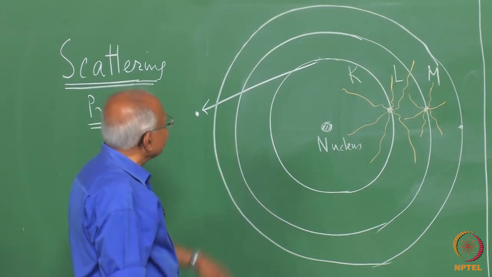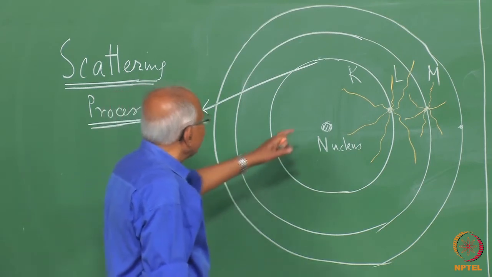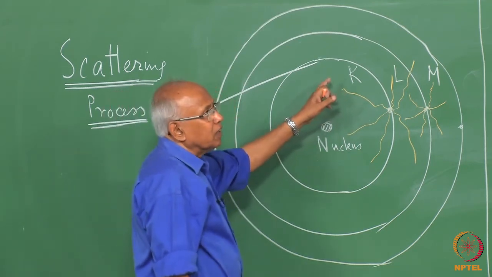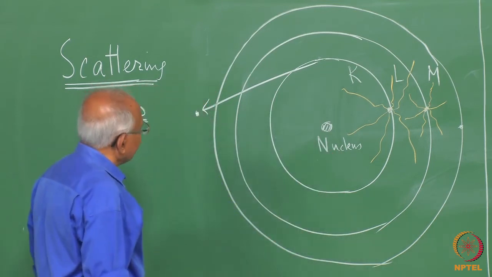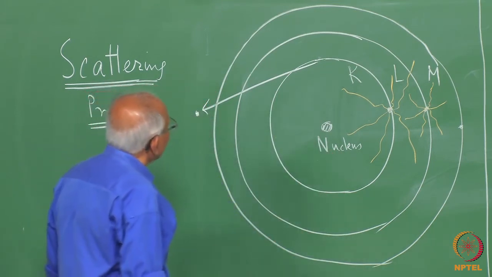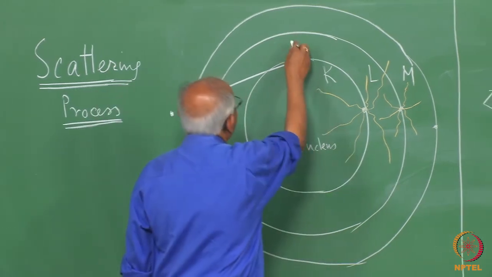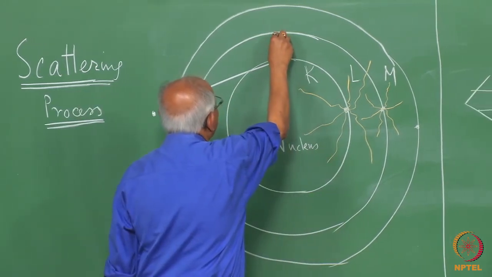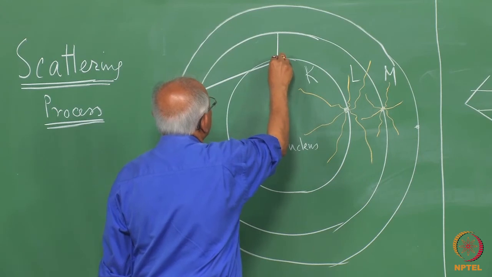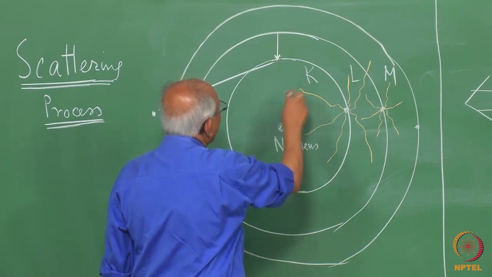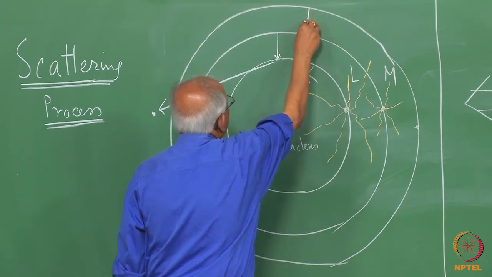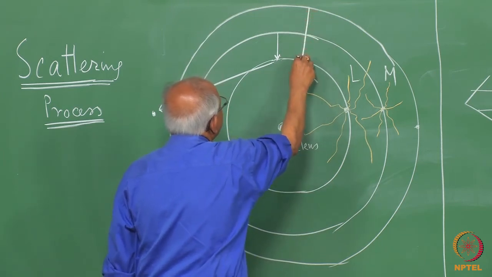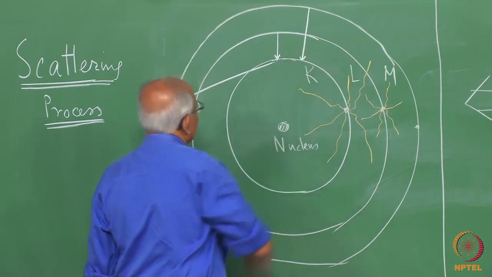Now, we know that the energy of a K shell electron is a minimum. So, in order to make the energy of the system as a whole minimum, there may be a transition of an electron from the L shell to the K shell, or there is also a possibility that an M shell electron will come and occupy the vacancy in the K shell.